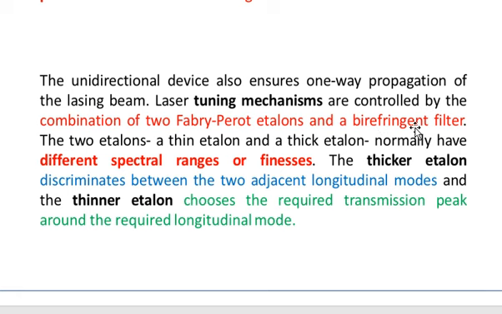So when you rotate the birefringent filter, you in principle control the phase difference between the two emerging beams, the ordinary beam and the extraordinary beam.